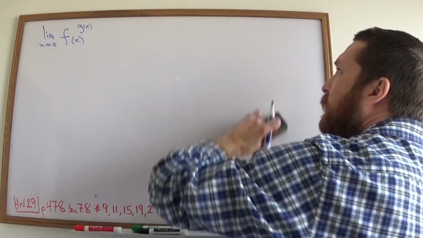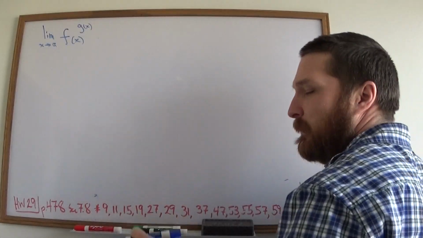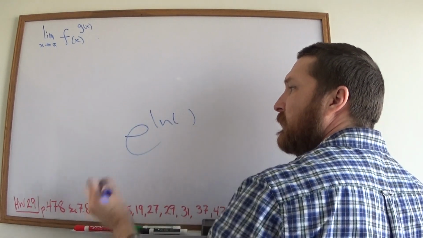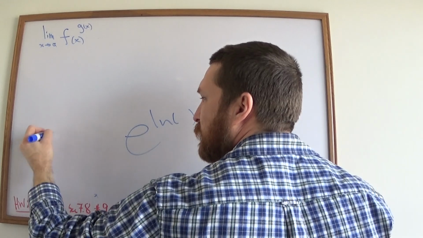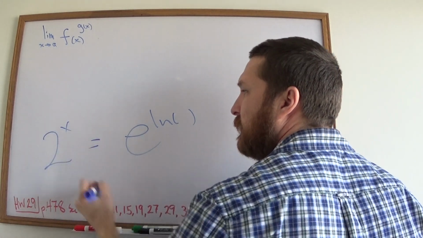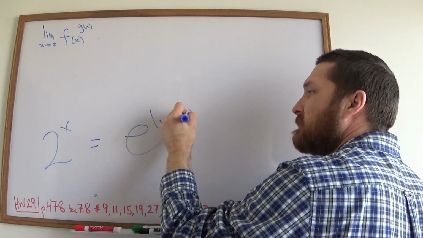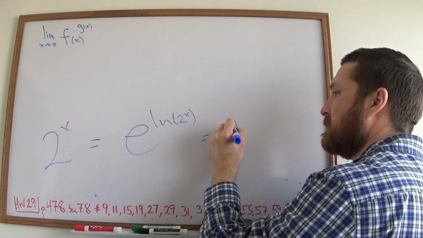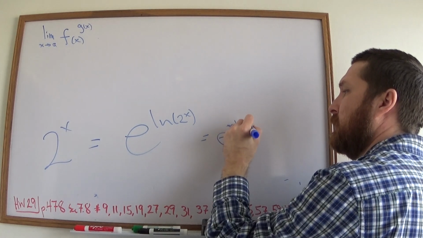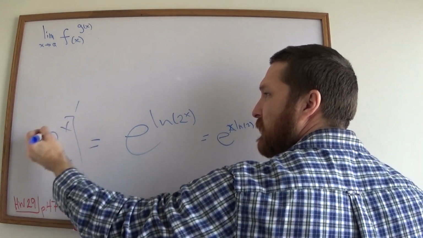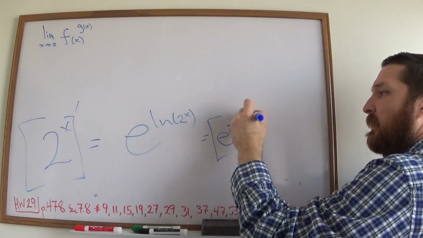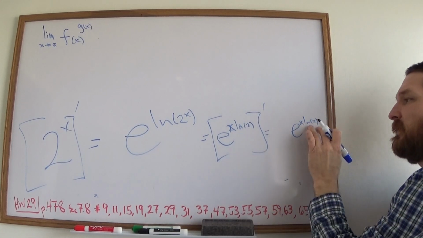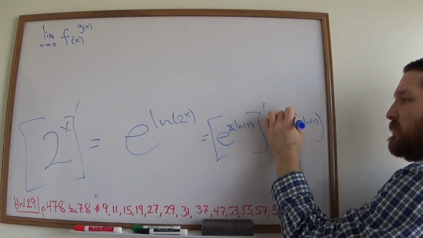Because really, anytime there's something funky going on with powers, the thing that we almost always do is this trick. Like, I need to take the derivative of 2 to the x. So I rewrite this as this, which is the same thing as e to the x log 2. And so when I take the derivative of it, I get e to the x log 2 times the derivative of the inside stuff, which is just log 2.